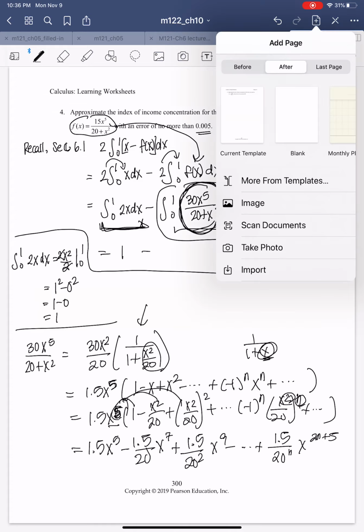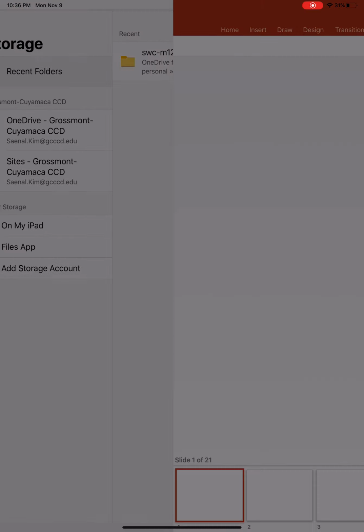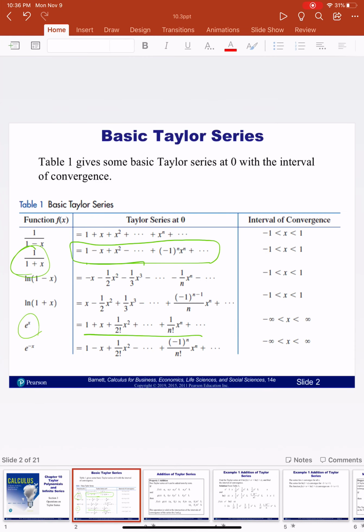Let's add another page. A couple of things before we integrate. The initial radius of convergence, from the table, was between -1 and 1, right here. But instead of x, we use x squared over 20.